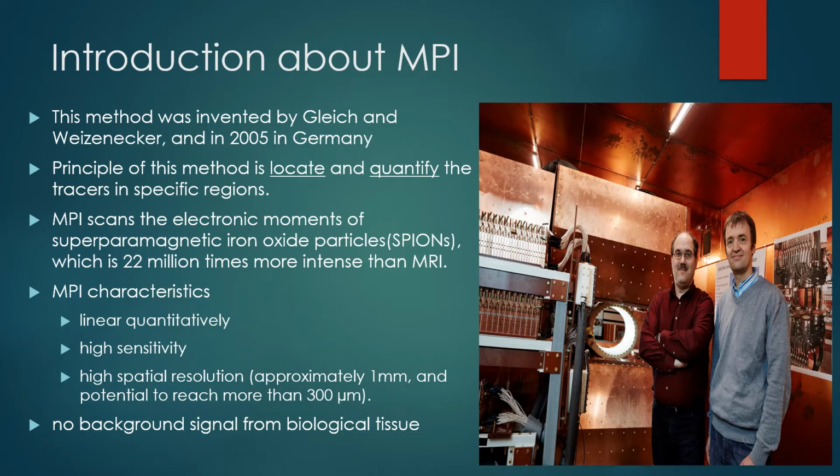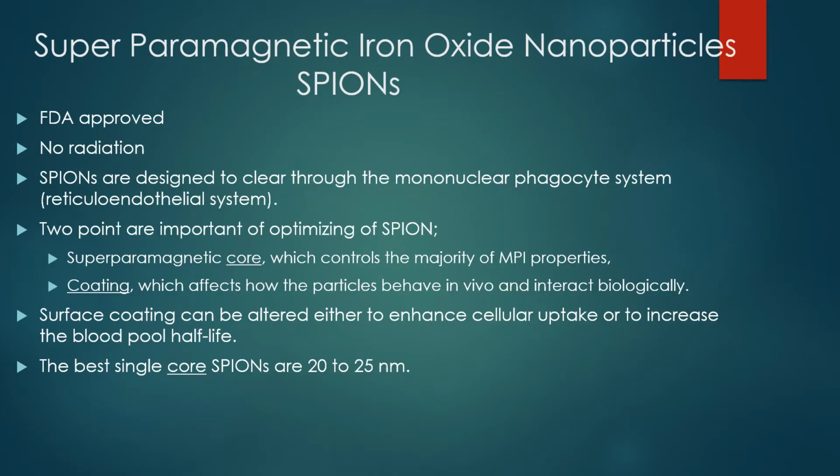The MPI characteristics are linear quantitation, high sensitivity, and high spatial resolution, which is approximately 1 millimeter, and it has the potential to reach more than 300 micrometer. And there is also no background signal from biological tissue.